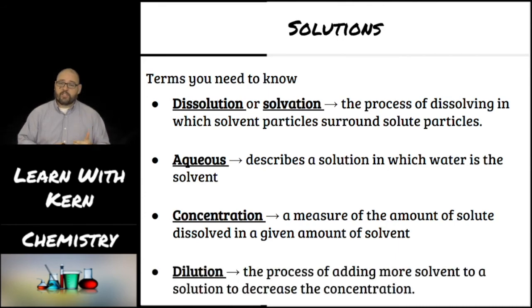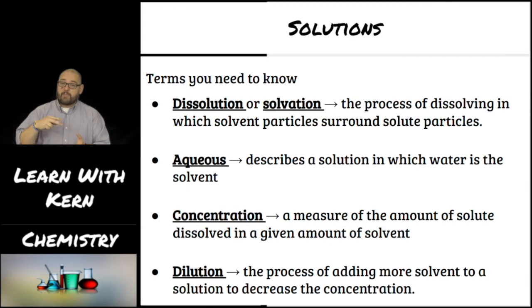Now, dilution is the process of adding more solvent to a solution to decrease its concentration. So if I have a little bit of solute dissolved in a solvent, then I have a low concentration. It is a diluted solution.